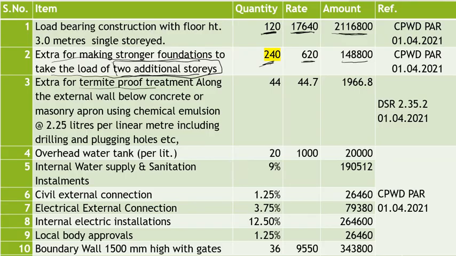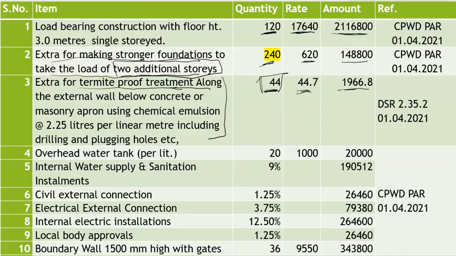Extra for termite proof treatment: you can add any type of work, or you can remove any type of work from here as per your requirement. Here we are assuming that termite proof treatment is done as per the specifications. This is the perimeter of the building, this is the rate, and this is the amount.